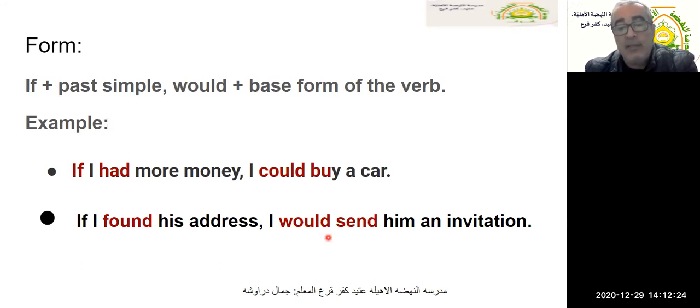What do you think? No, exactly. I do not have his address now. But if I found his address, I would send him an invitation. This means that in the present moment, I do not have his address.